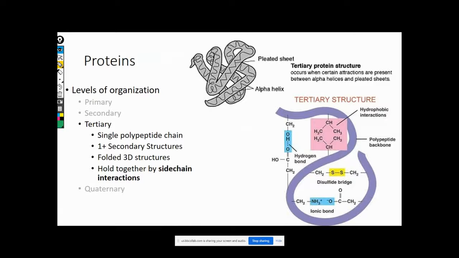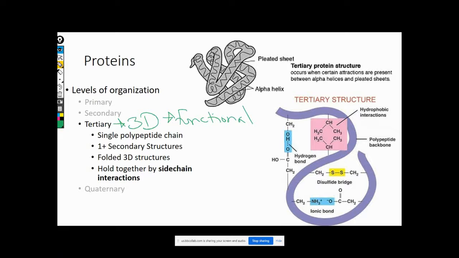All right, so let's look at tertiary structure of organization. The big thing to remember at tertiary, our third level of organization, is that now we're 3D. We're going to make a three-dimensional shape, and once we've created a three-dimensional shape, we have a functional protein.